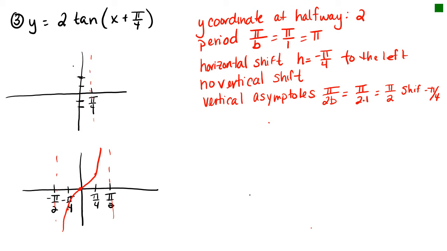All right, so my midpoint is going to be at 0 because I subtract pi fourths by 0. My 0 point's now going to be at negative pi fourths because I got to shift it. And then this will be another negative pi fourths minus pi fourths is negative pi halves, and then we know that the next asymptote will be at negative 3 pi fourths, because I just take all these numbers at the bottom graph and subtract them by pi fourths.